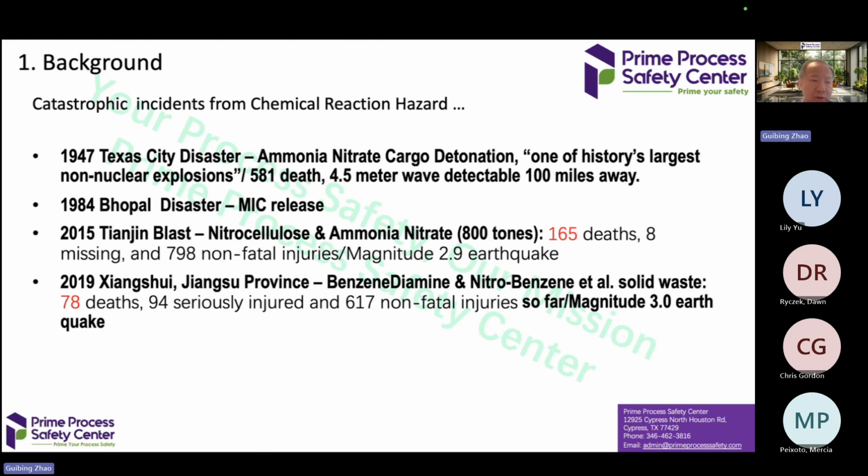You can imagine how huge the impact is. And also in 2019, there was another incident in Jiangsu province, at a waste chemical storage in a plant. Finally, this explosion destroyed the entire industrial park. Not just this company was demolished, many companies around it in the industrial park were too.